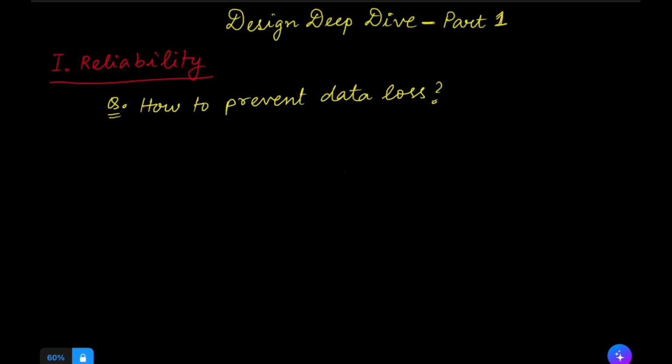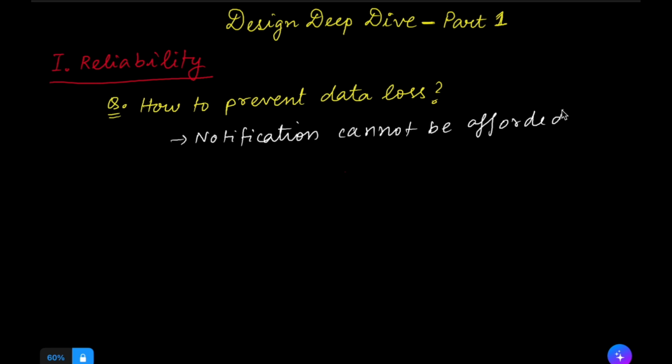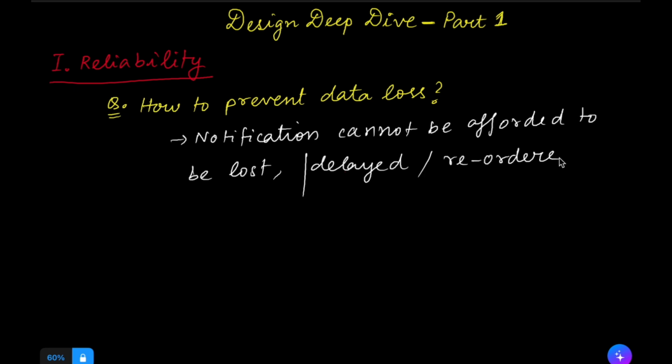So the first thing is that a notification cannot be afforded to be lost. Rather it can be delayed or reordered, but it shouldn't be lost.